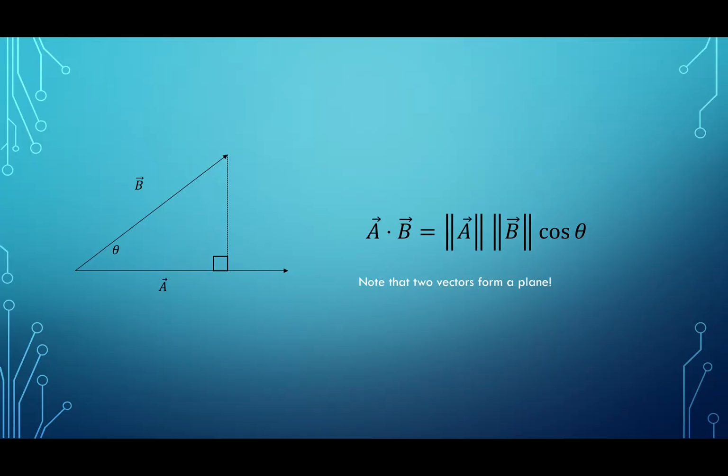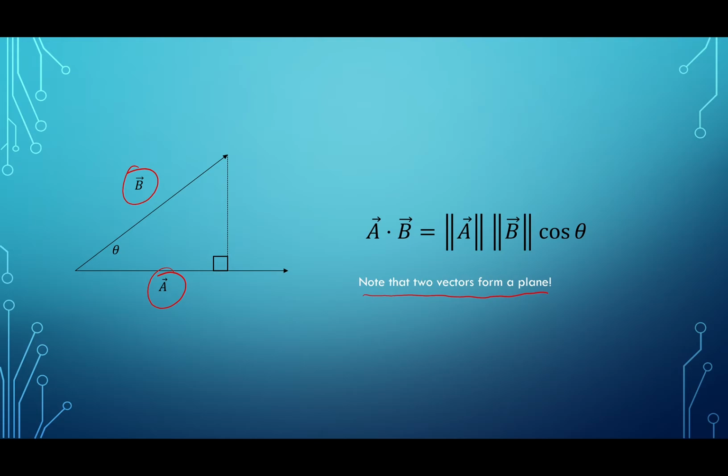So let's get started. Let's recall the geometric definition of the dot product. If we consider two vectors a and b, we need to take note that when we operate translations, these two vectors can form a plane.